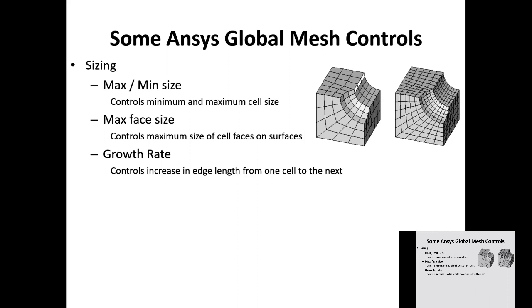That means if you go along an edge, the cell size of the second cell is 1.2 times the cell size of the first one. Okay. So when you have a third cell, if the growth rate is 1.2, the third cell will be 1.44 times the first one. So that's nearly 1.5 times the first cell. So it's a fairly high growth rate.